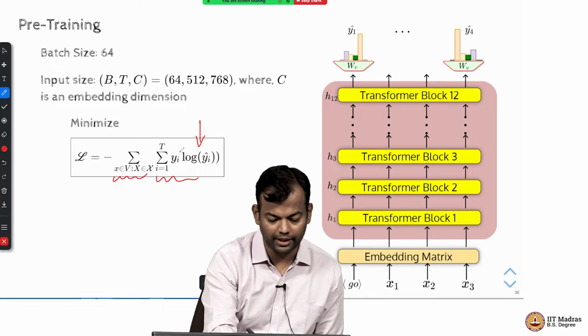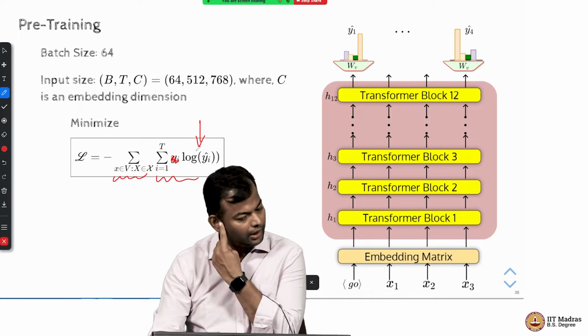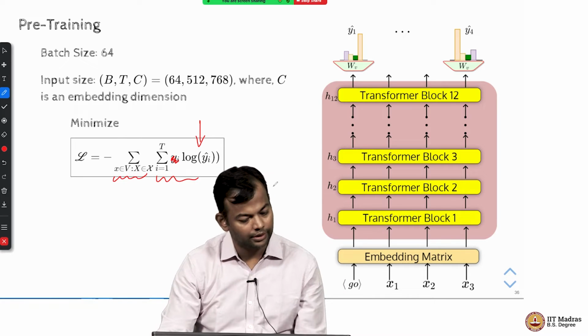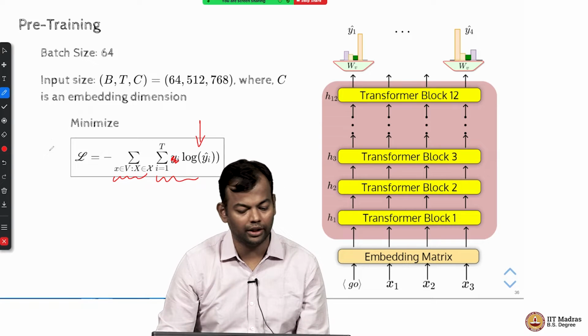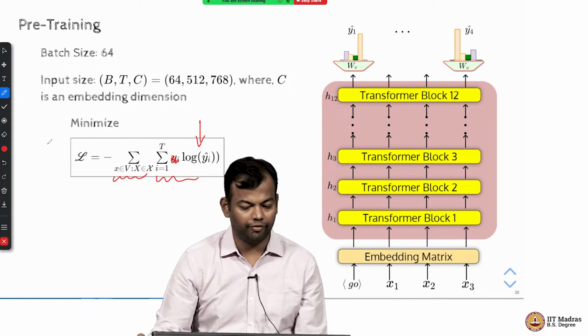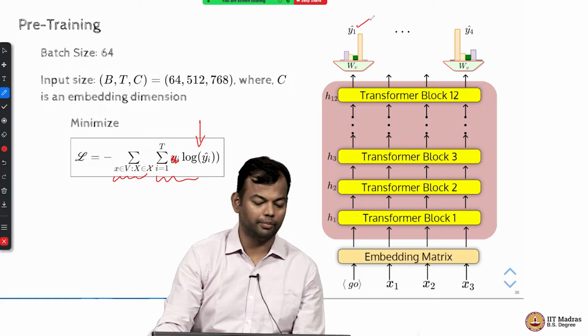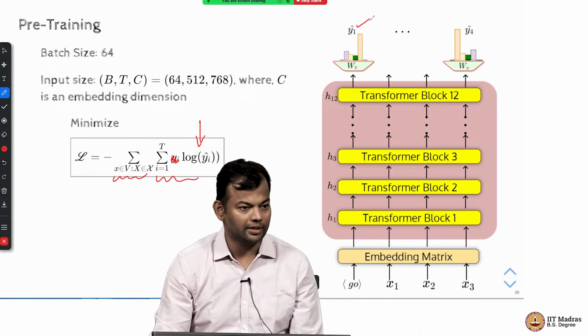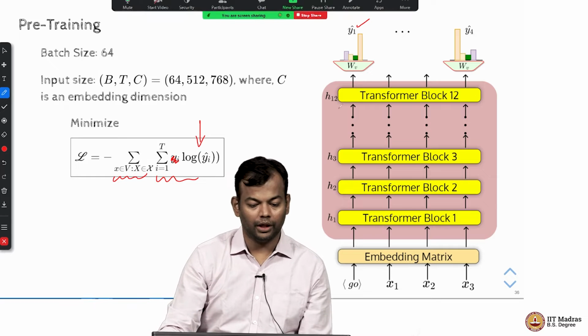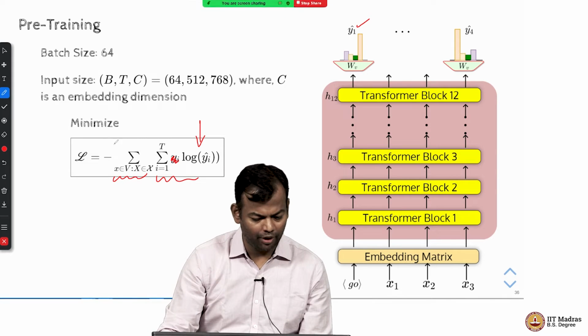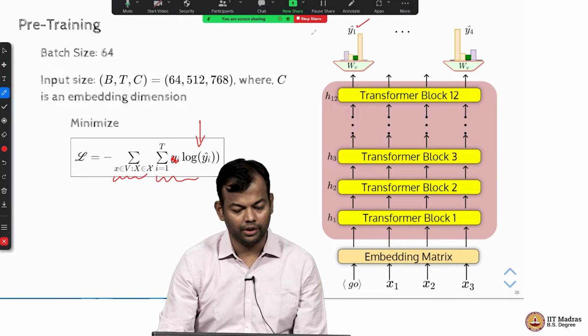We just need to minimize the negative log likelihood of that probability, the negative of the log of y hat, whatever has been predicted for the correct class label. Is that okay? I'll modify this equation in the slides later on.